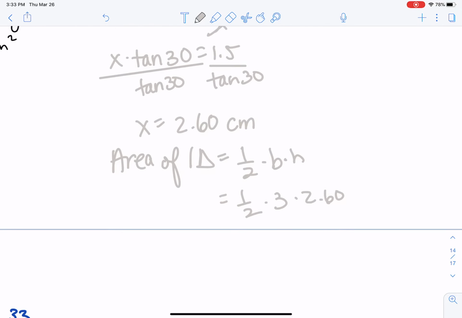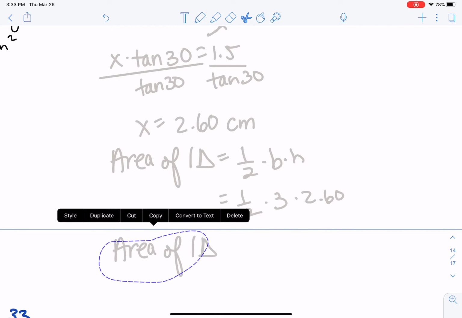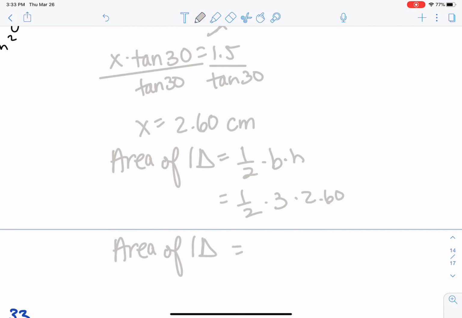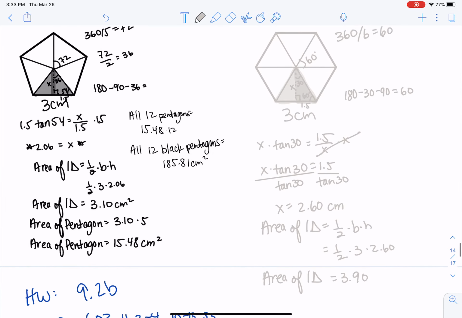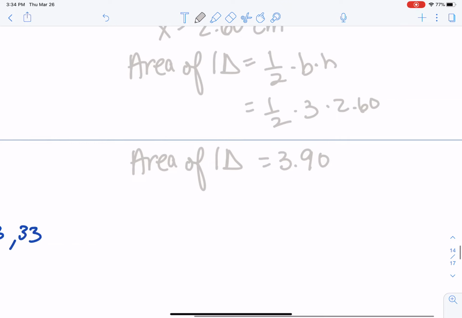I'm going to type that in my calculator, and I get 3.90. So the area of that triangle is 3.90. And then that is just one of the 6 that are made up in the hexagon.